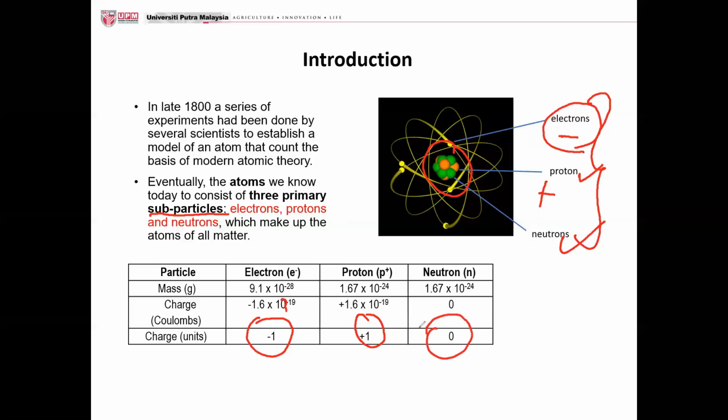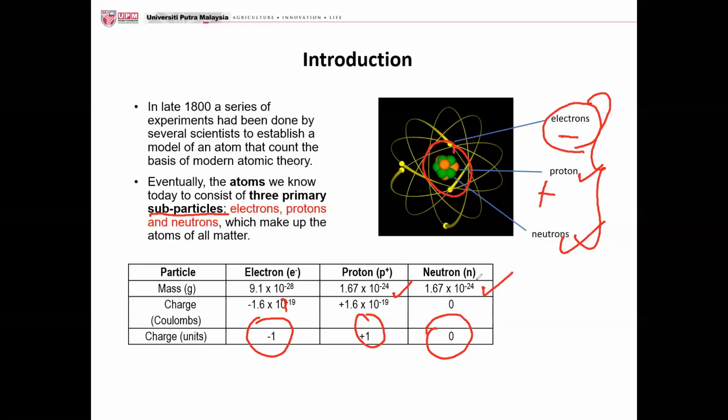The masses of proton and neutron are very similar, about 1.67 times 10 to the power of negative 24, same as neutron.